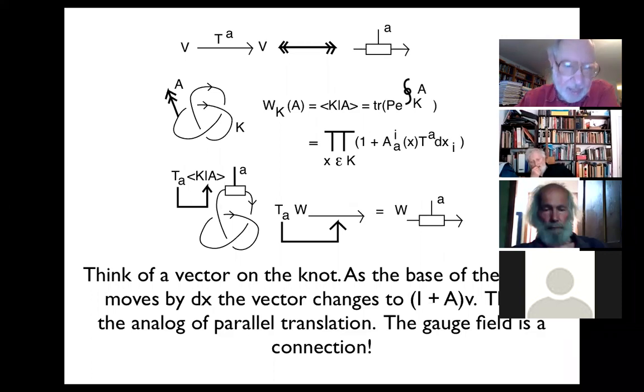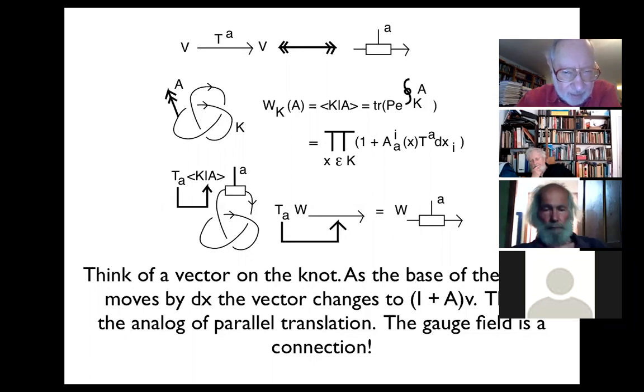What do I mean by that? I mean that you take a partition of the knot into some finite number of points, and you take the product of 1 plus A, that complicated expression. And you take a product of them along the ordered set of points.